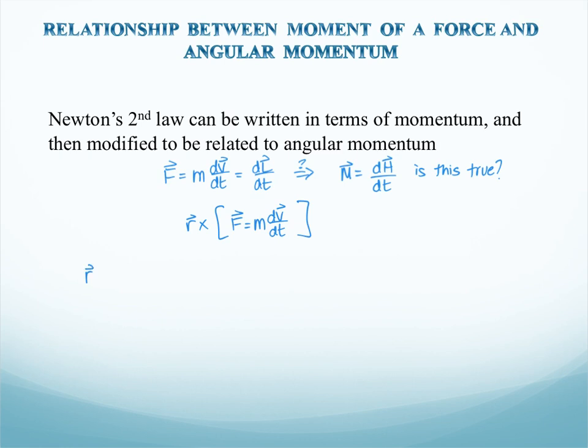We get r cross F is equal to r cross dp/dt.